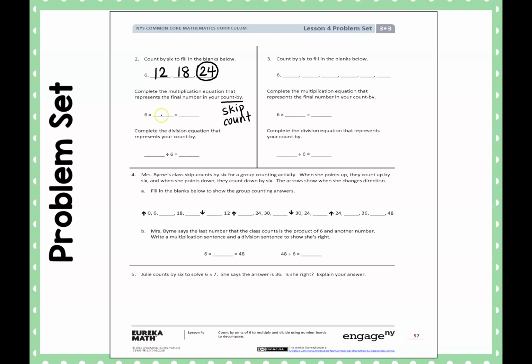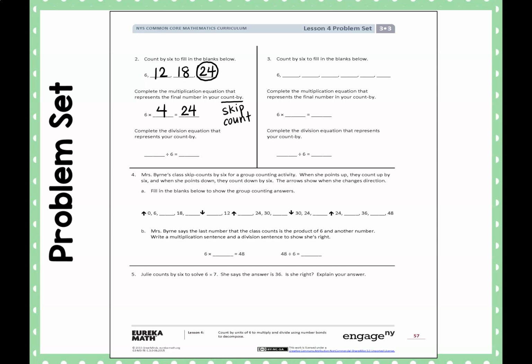We have 6 times blank. Our answer would be 24. How many times did we skip count by 6 to get to 24? We skip counted 4 times. So our multiplication equation is 6 times 4 equals 24.